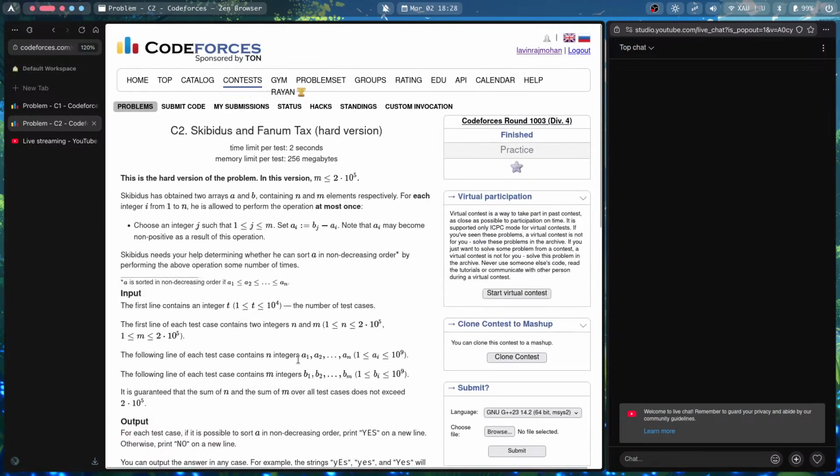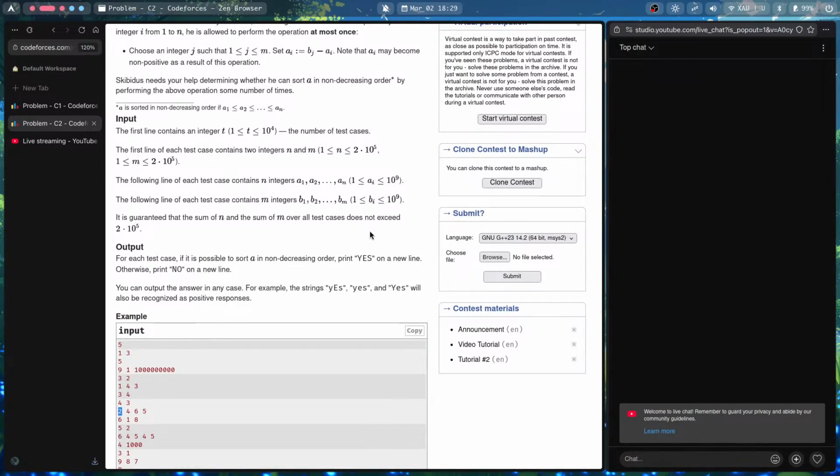Wait a minute, at most. Okay, so it is not necessary to do the operation every time. We can just skip that.